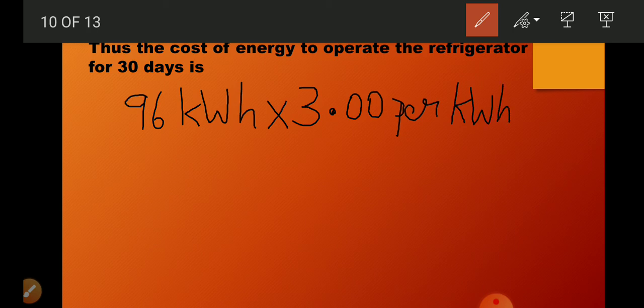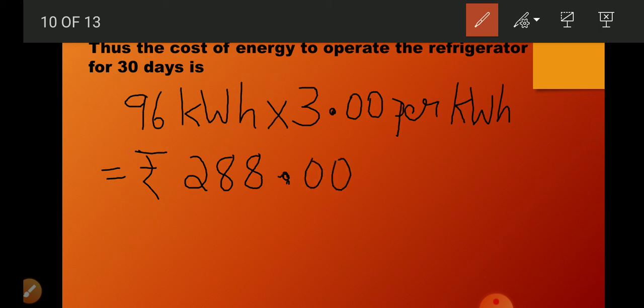If you multiply 96 into 3, how many rupees are you going to get? You are going to get 288 rupees.